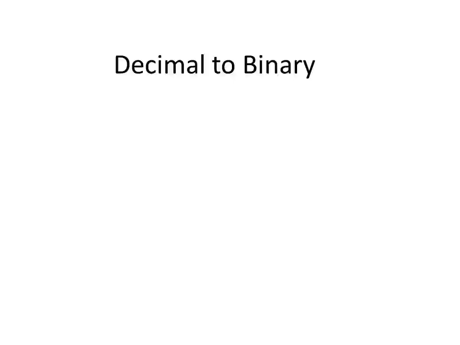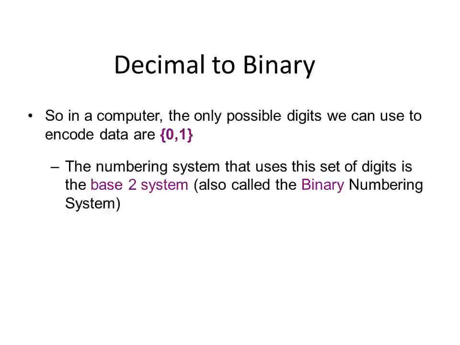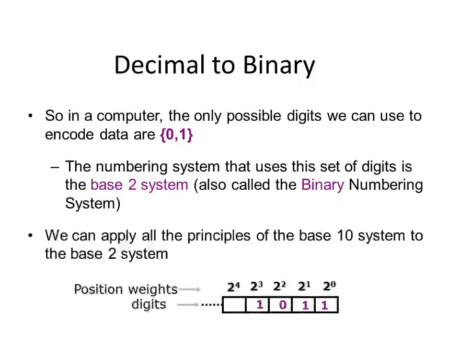Now, how do you convert decimal to binary system? Binary system means there are only two symbols, 0 and 1, and its base is 2. For example, let us take a binary number, 1011.